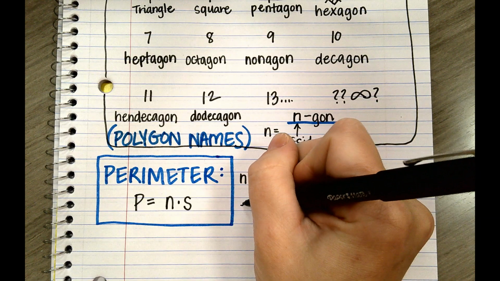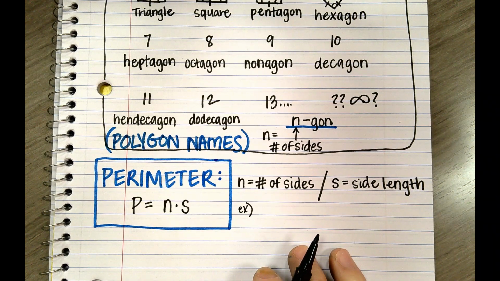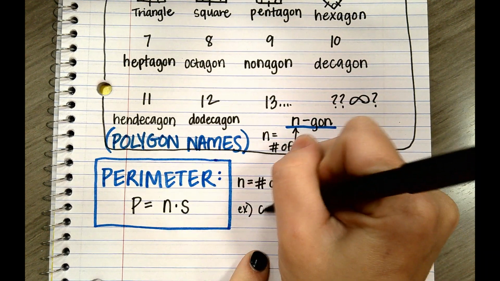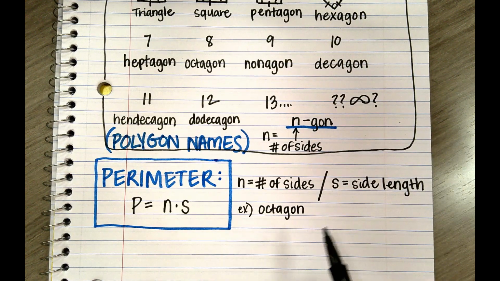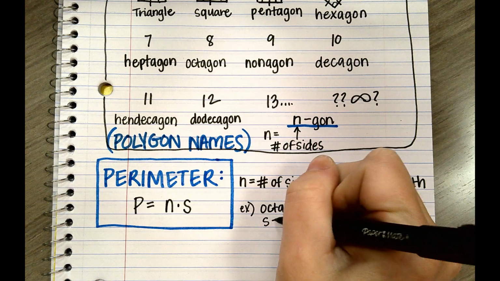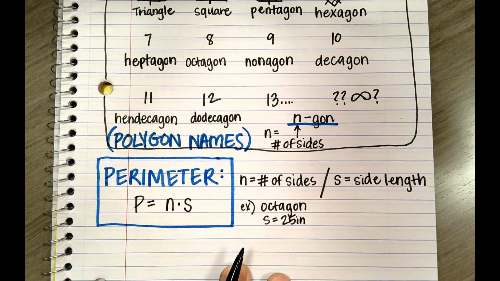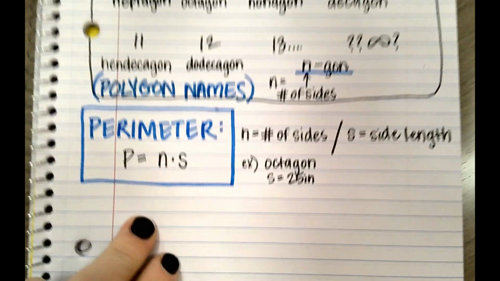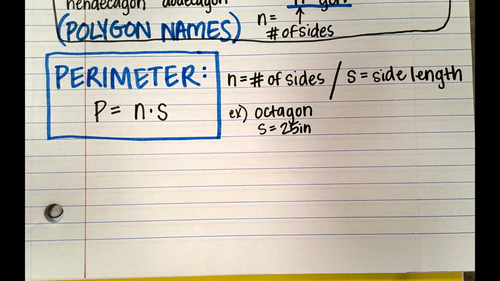And then, for example, let's say I have an octagon with a side length of 25 inches. How would I find the perimeter of this?